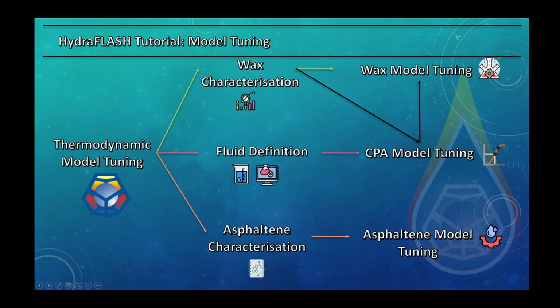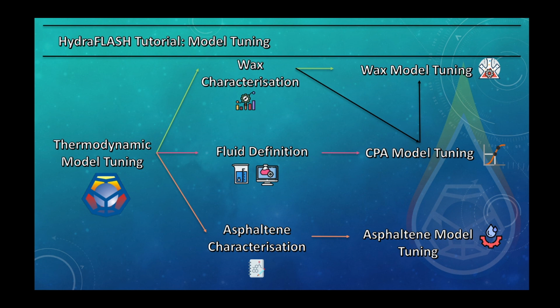So wax characterization is a two-step tuning. If you directly tune the wax model after you characterize it, the predicted WDT will be exactly the WDT that you tune the model with, but it doesn't represent the saturation properties of the system because the CPA model has not been tuned.